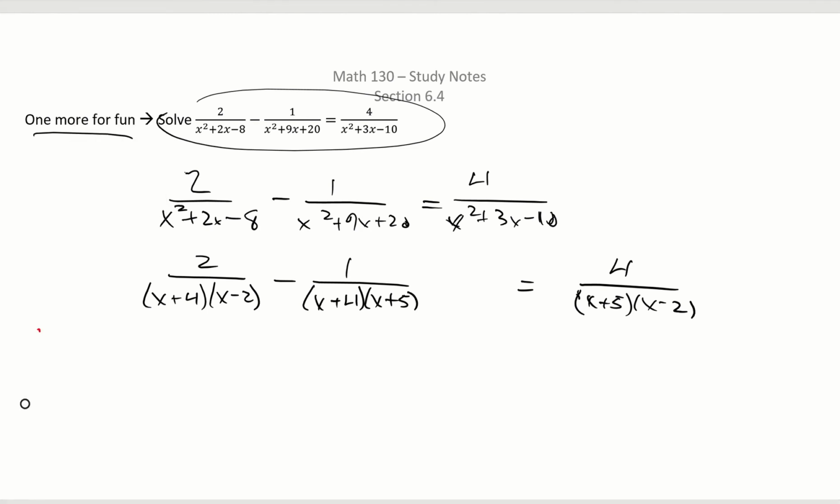So we look at these guys and we realize that I'm going to have to multiply each one by something to make all those factors cancel downstairs. So I look at the first one here and I go, definitely I need an x plus 4 and an x minus 2. Come over here. X plus 4. You know what your brain's going to say?